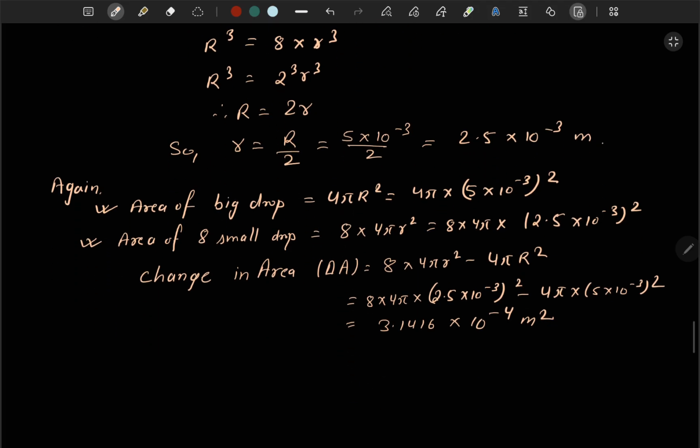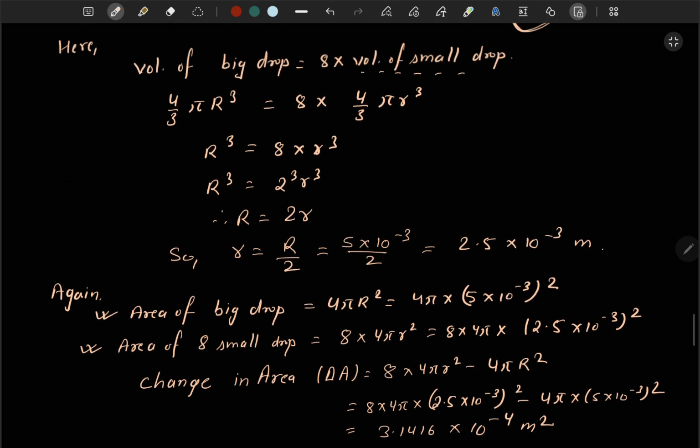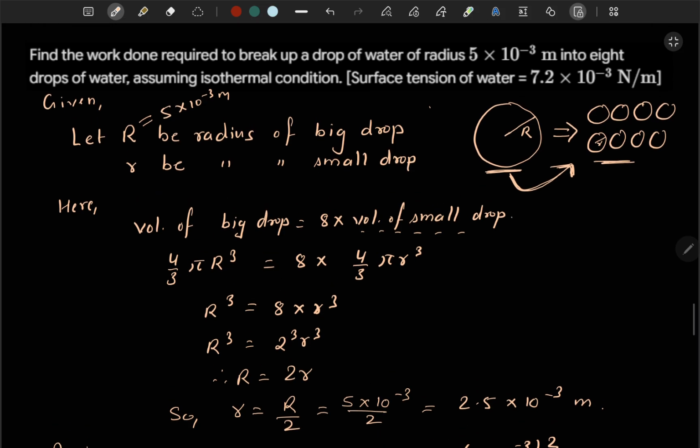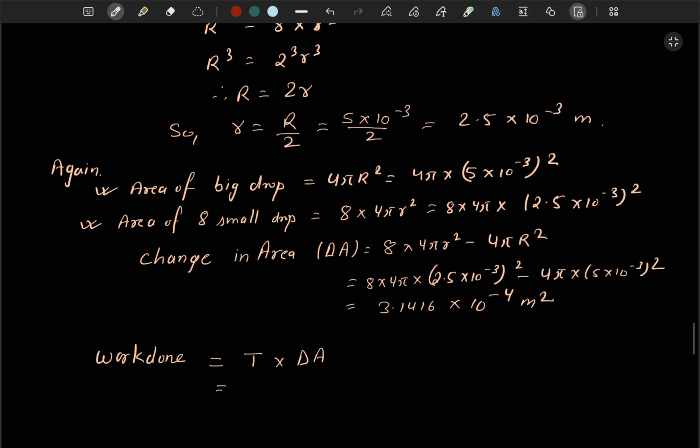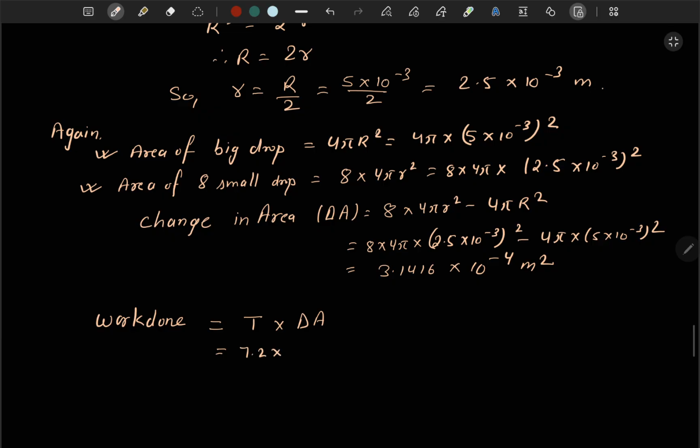And now finally we need to calculate the work done to break this. Here work done is defined as surface tension into increase in area. As given in the question, surface tension is 7.2 into 10 power minus 3, and increase in area is 3.1416 into 10 power minus 4.